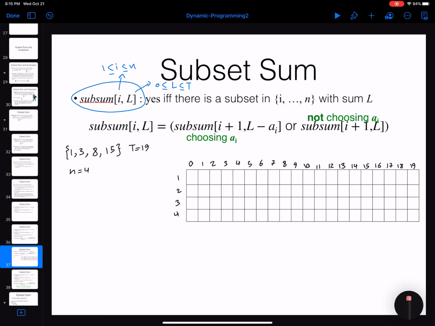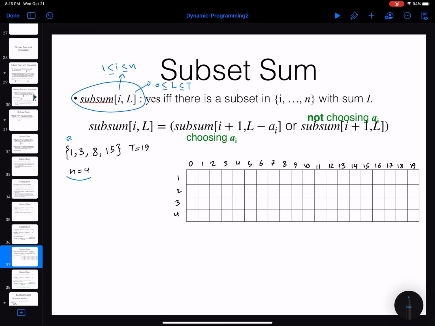In the very first example that I showed you, the set of numbers was 1, 3, 8, and 15. So I have 4 numbers, right? And let's just call them in the same order that we have. It doesn't really matter if you sort them or not.